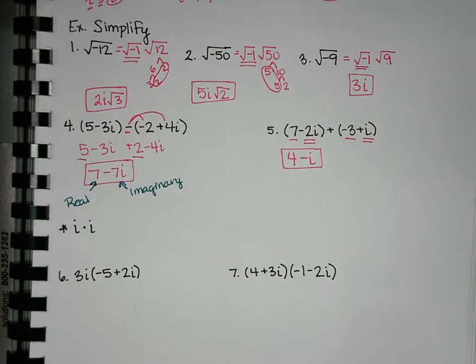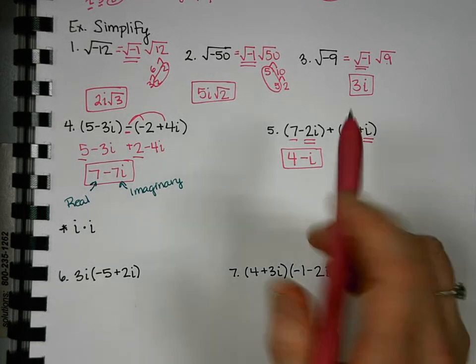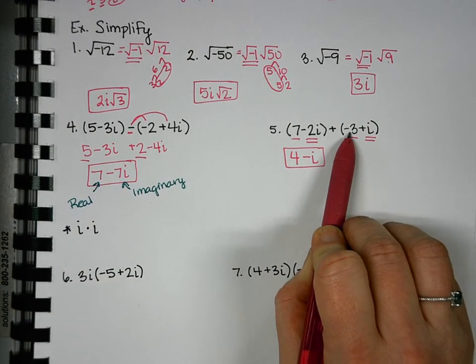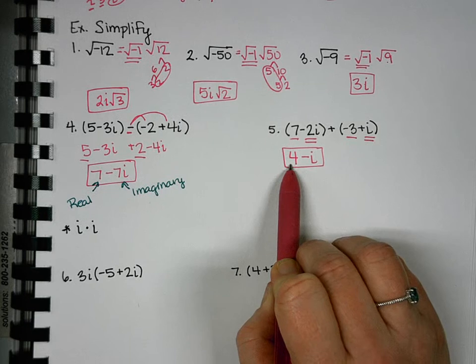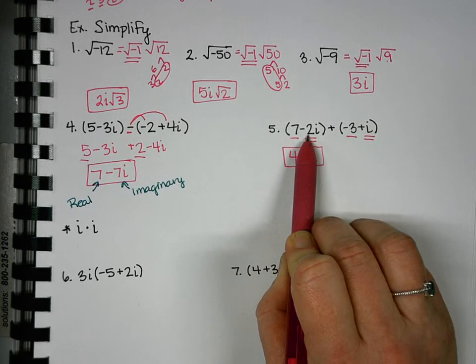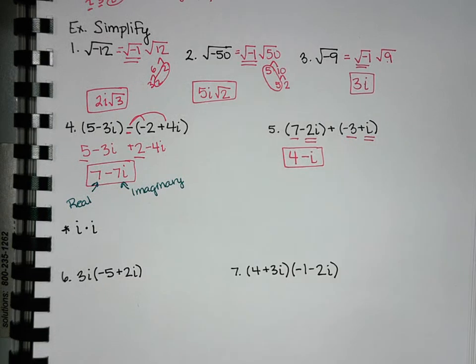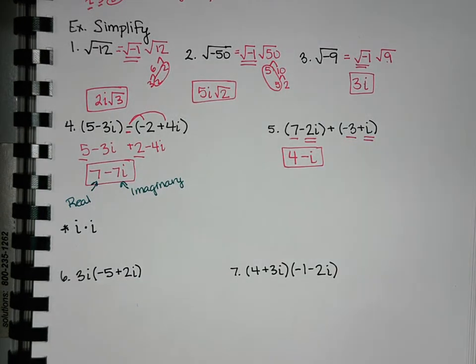So now there's a negative imaginary? Yeah, they can be negative. So 7 plus -3 is 4. -2i plus i is -1i. You should write the 1. Okay, I just didn't write the 1.